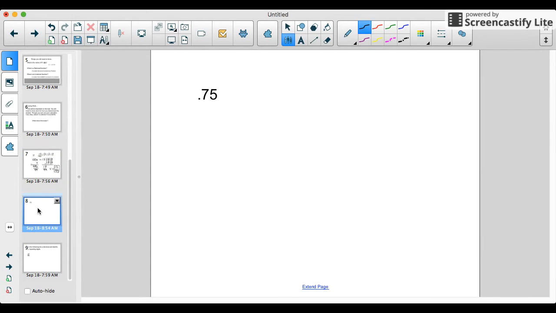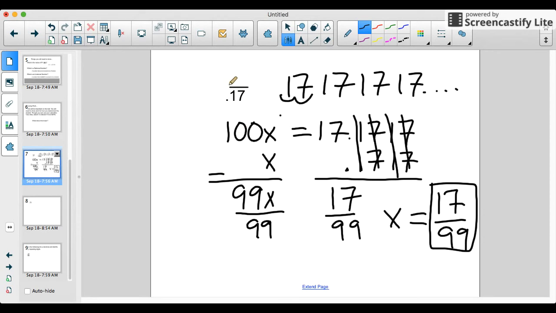Now this 0.75 is different than the 0.17 repeating that we had in our last example. In our last example, we had the 17 with the bar showing above it, which caused us to believe that it was 17, 17, 17, and it went on forever.